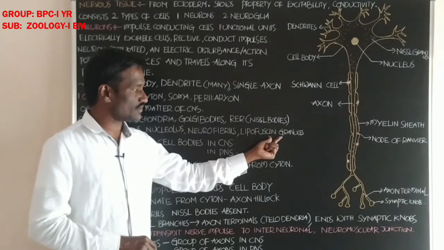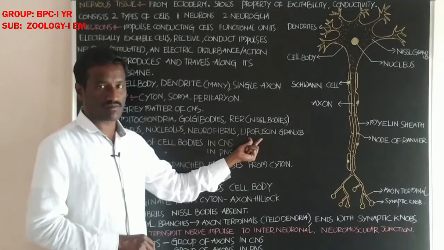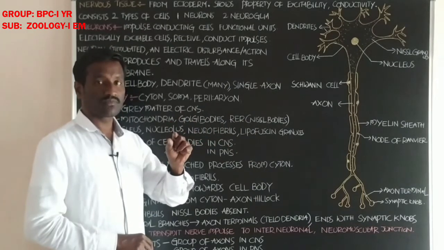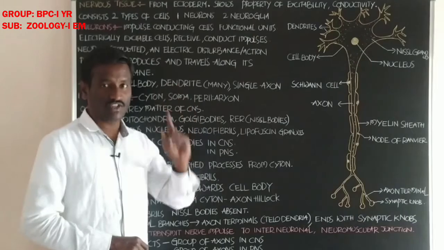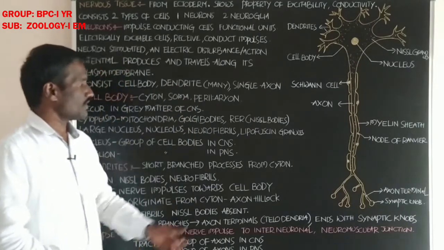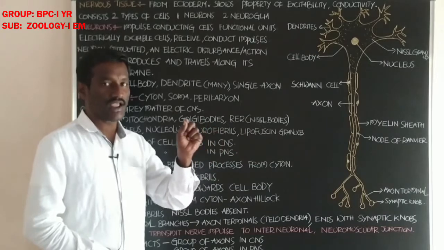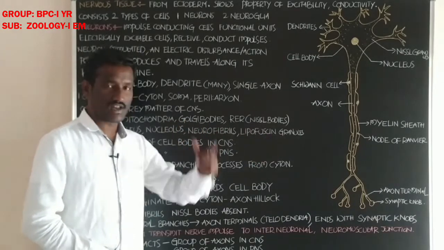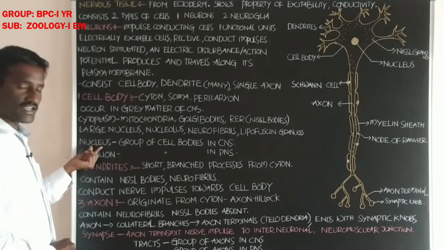Lipofuscin granules consist of lipid molecules or fat bodies. These are formed by the lysosomes after digestion. Lipofuscin granules appear yellowish brown in color. Next, what about the nucleus?